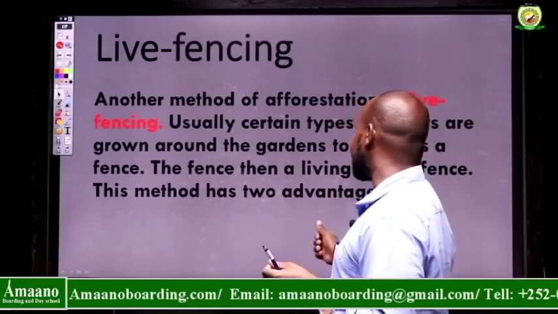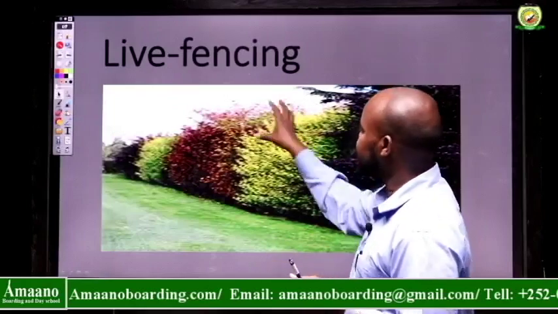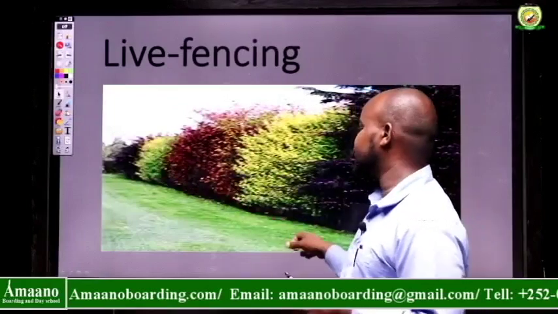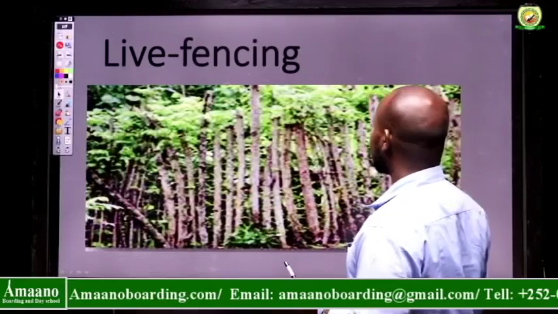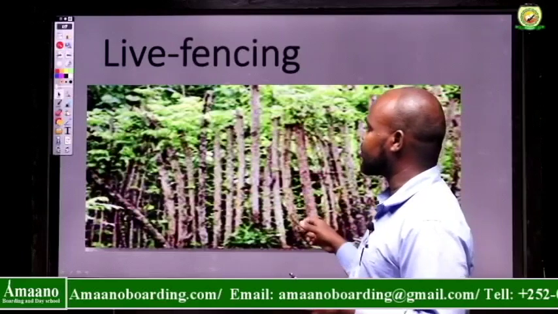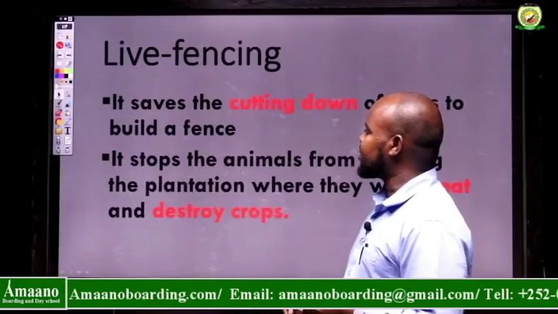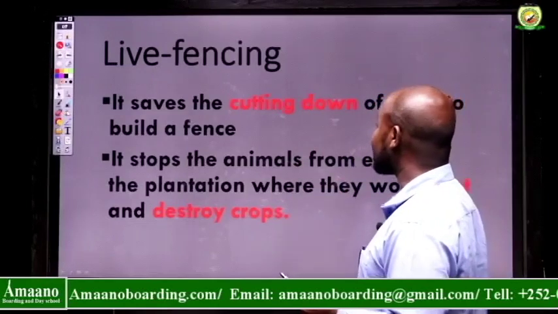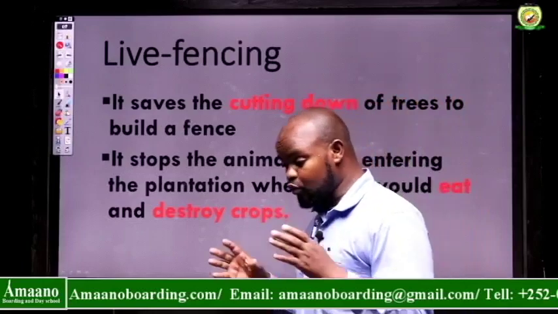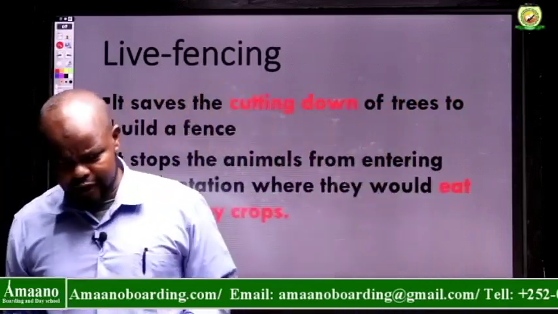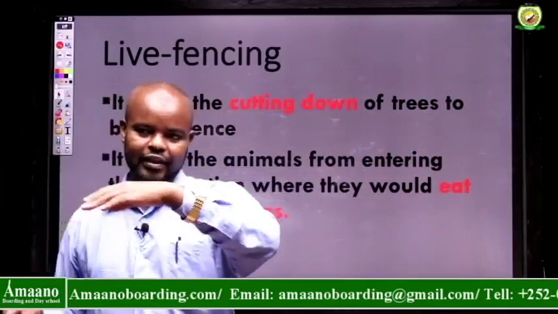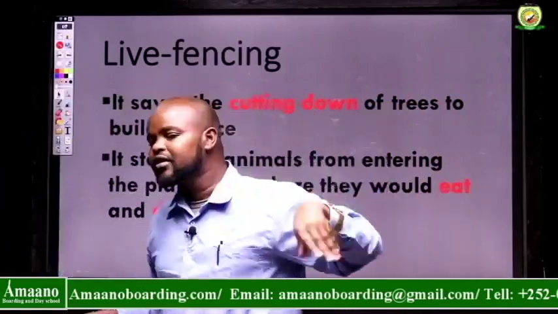This method has two advantages. So this is the fence, and this is another one. Live fencing saves cutting. This is one advantage: it saves the cutting down of trees to build a fence. Usually, when we want to make a fence around a farm, we cut plants and build the cut plants around the field.